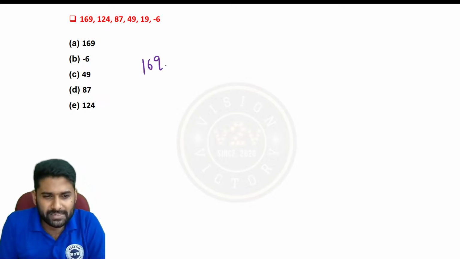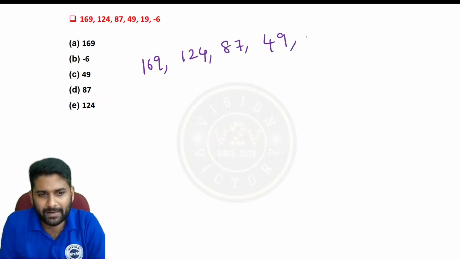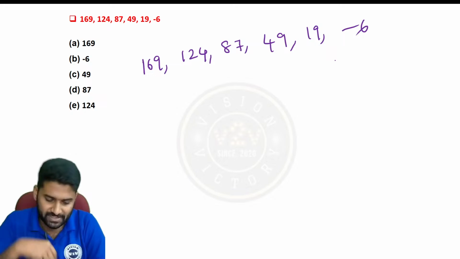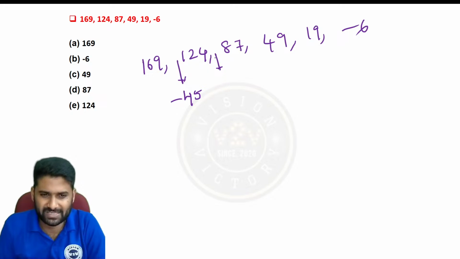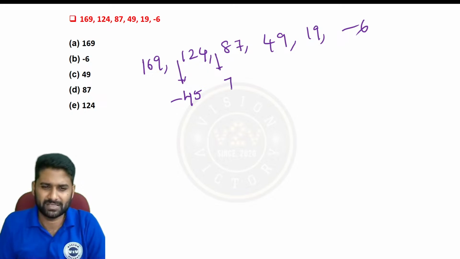Now see 169, 124, 87, 49, 19, minus 6. Now you can find the difference. It's a difference of 45 units, right? Now how much difference do you have? 14 minus 7 is equal to 7.